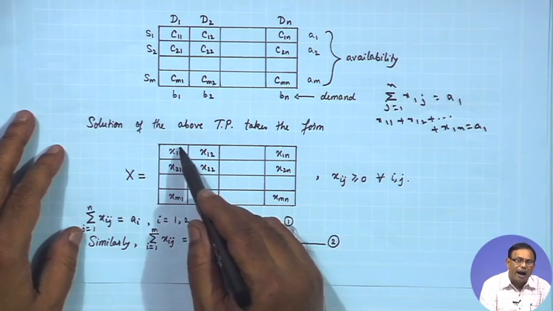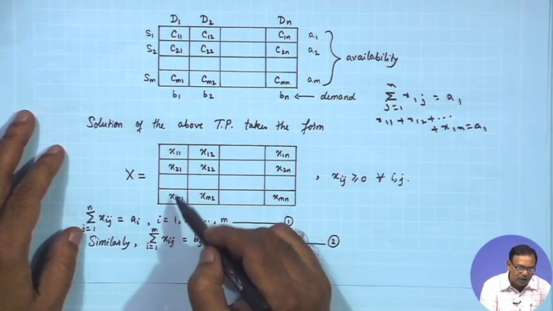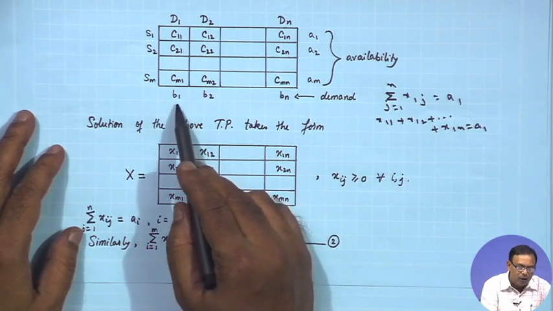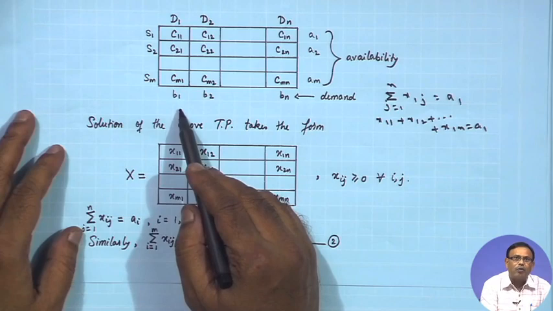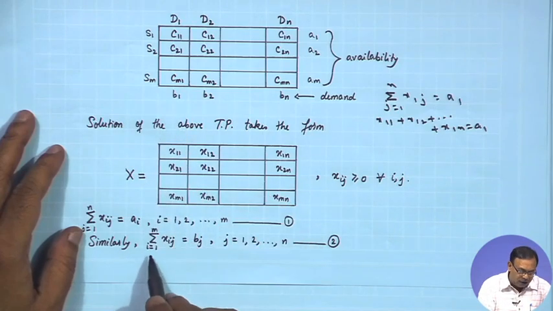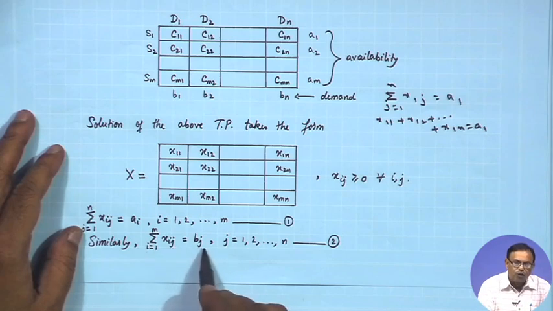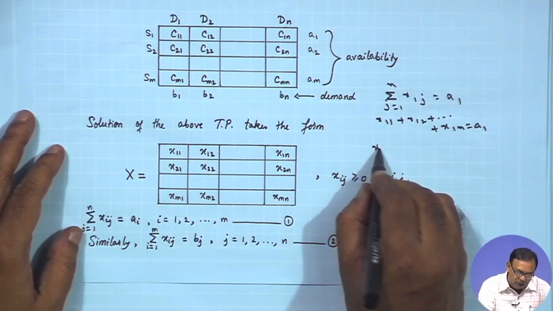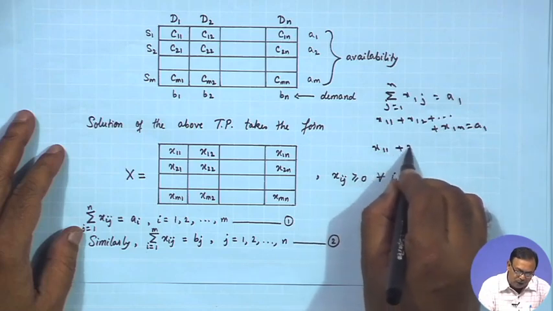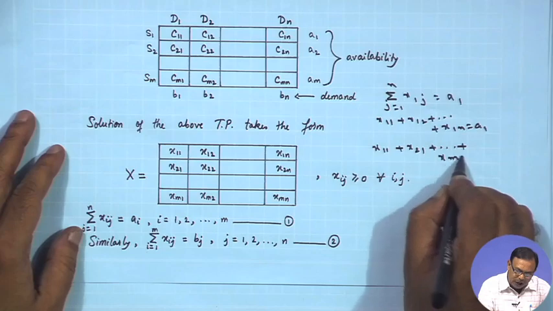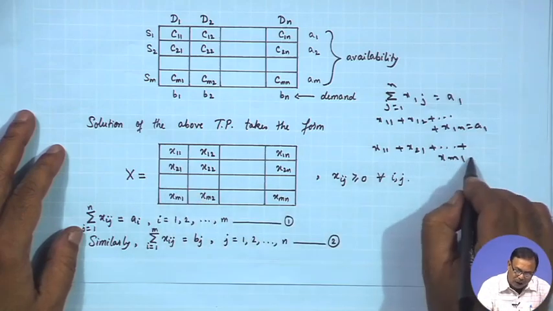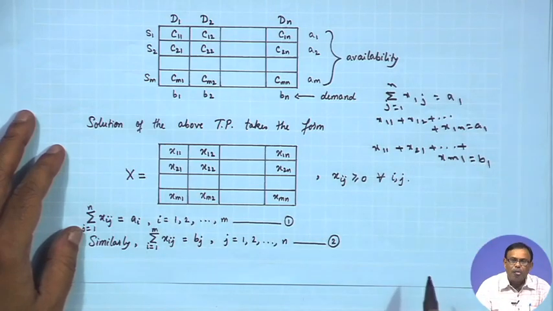Similarly, if you add each column, the sum should be equal to the demand, because whatever the demand is, you will send that quantity. In other words, summation i equals 1 to m of x i j should be equal to b j. That means x 1 1, x 2 1, up to x m 1, the sum of all these column entries, should be equal to b 1.